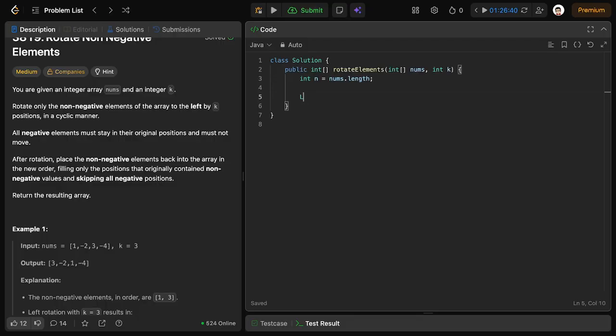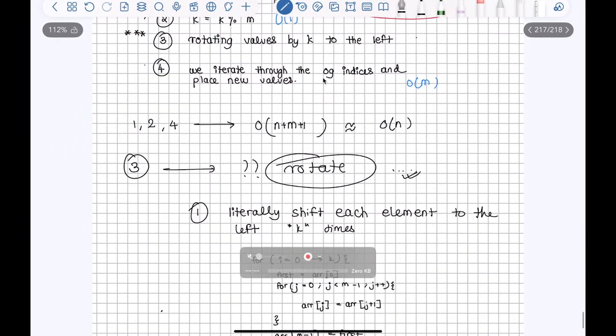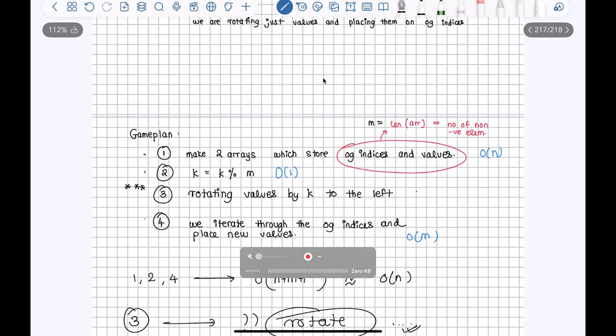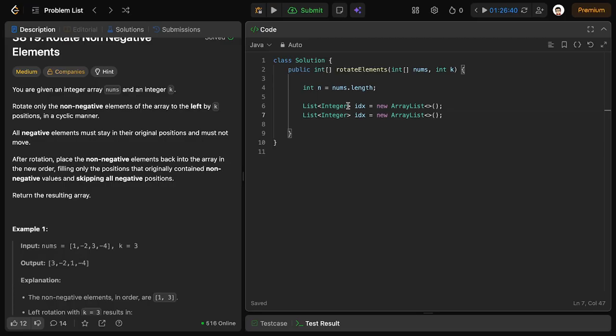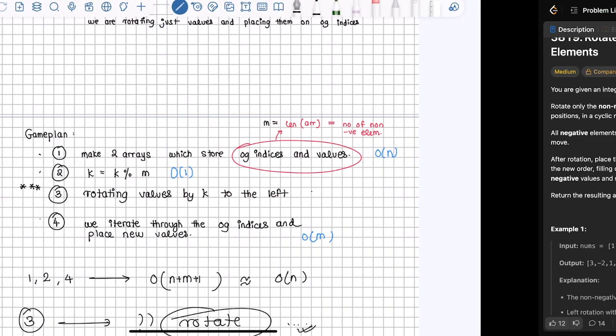Now what was my step 2? Make two arrays and store original indices. Make two lists of integers, say idx is equal to new ArrayList, and we have vals. What is my next step?